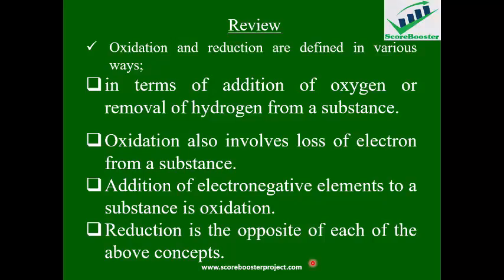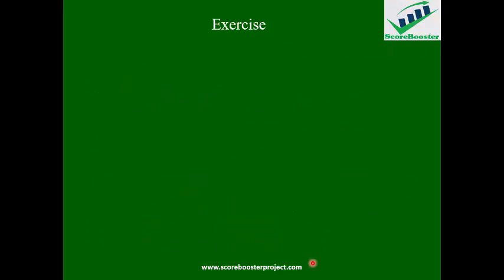Addition of oxygen in oxidation means removal of oxygen in reduction. Removal of hydrogen in oxidation means addition of hydrogen in reduction. Number 3, loss of electron in oxidation means gain of electron in reduction. Addition of electronegative element or removal of electropositive element is oxidation, so reduction is going to be removal of electronegative element or addition of electropositive element. That is just what we are saying.